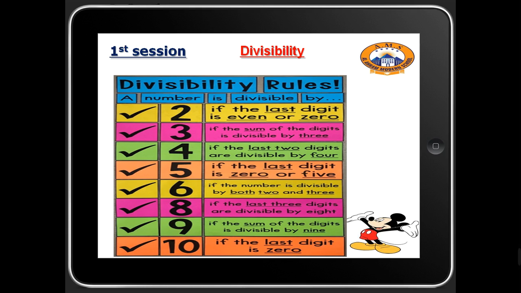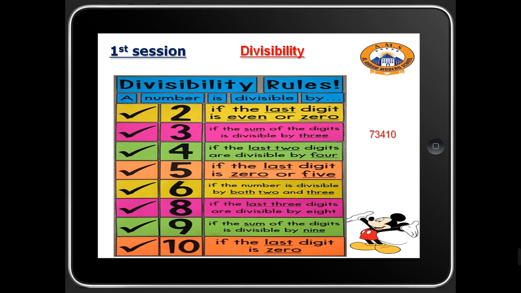What about number 3? It's also so easy. All you have to do is to sum the digits of this number. If the sum is in table 3, the number is divisible by 3, I can divide it into 3 equal groups. So for example, if I give you a number like 73,410, is it divisible by 3?